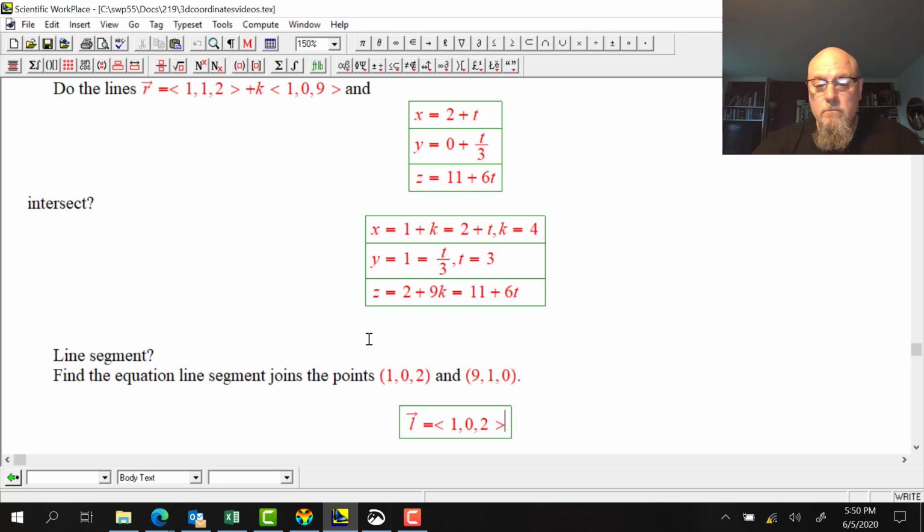If I wanted to go to this point 9, 1, 0, I could go straight there, but what I want to do instead is go to this point first and then go along the direction vector and end up at this point. So I need the direction vector that joins those 2 points again, and we had that before, it was 8, 1, minus 2.